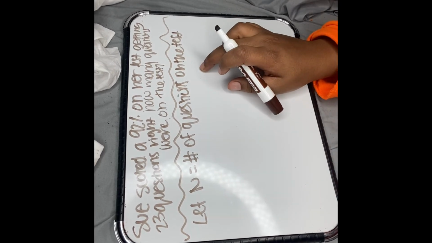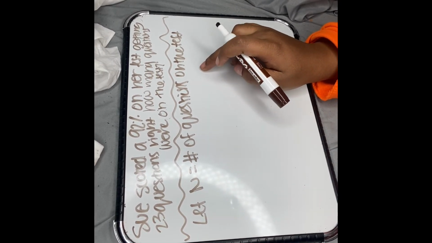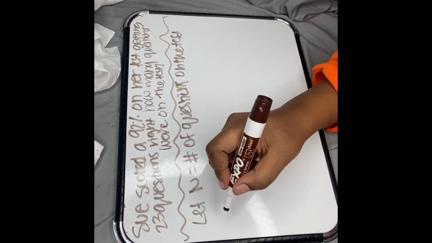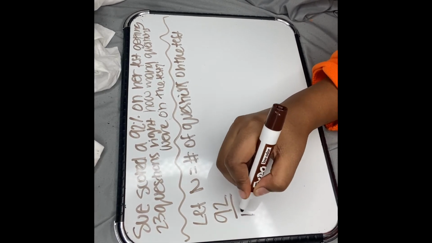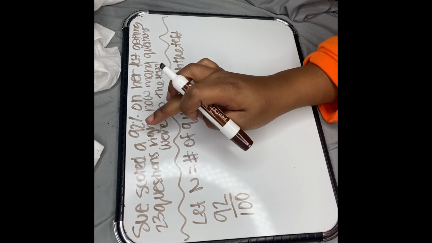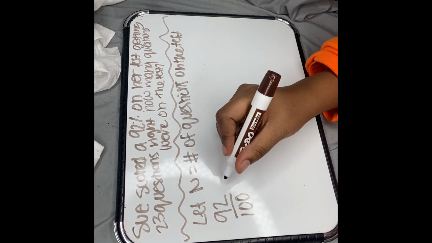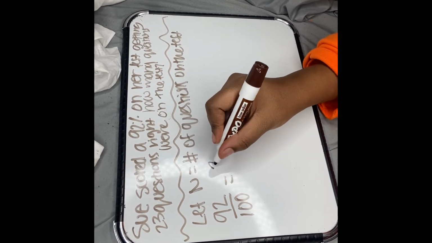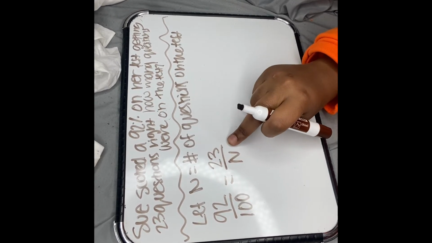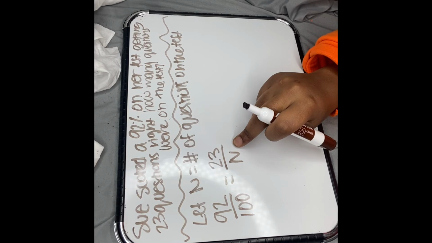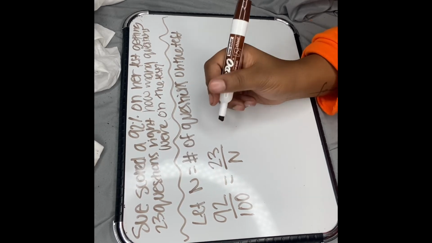So by letting n equal the number of questions on the test, we can set up a problem. So we can say 92 over 100, since that gives us 92%, is equal to 23 over n. Since she got 23 questions right, and we don't know how many questions total there were on the test.